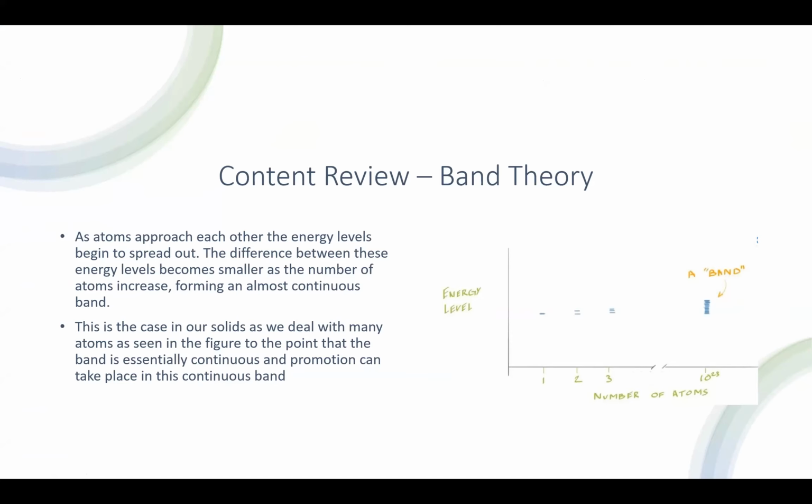As atoms approach each other, the energy levels begin to spread out, and the differences between these energy levels become smaller as the number of atoms increases, and we form a continuous band, as shown in the figure in the textbook, where we slowly increase the amount of atoms and build up this bar. This is the case in our solids as we deal with many atoms, and this band is essentially continuous, and promotion can take place in this continuous band.